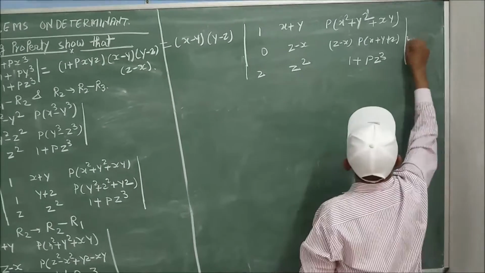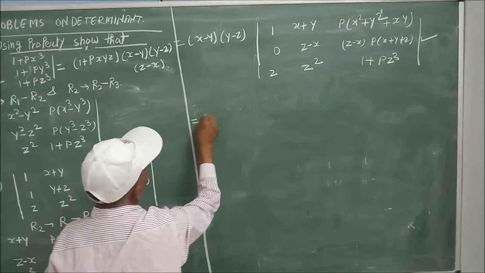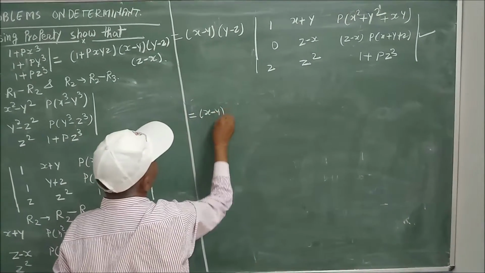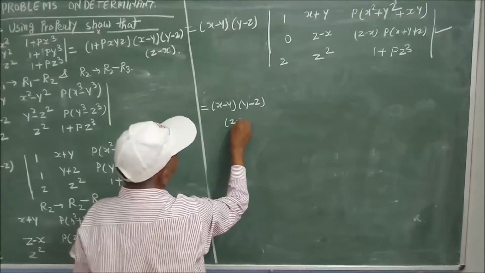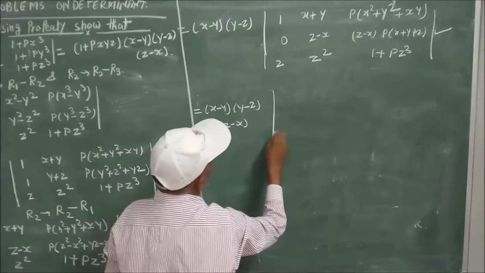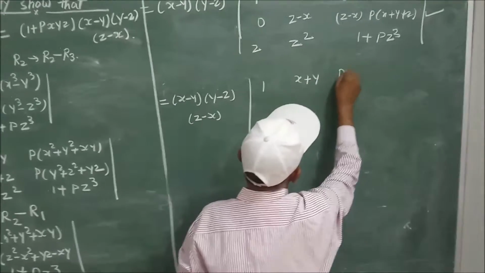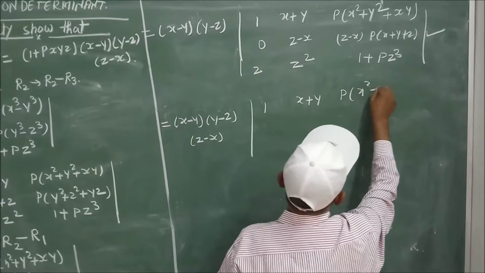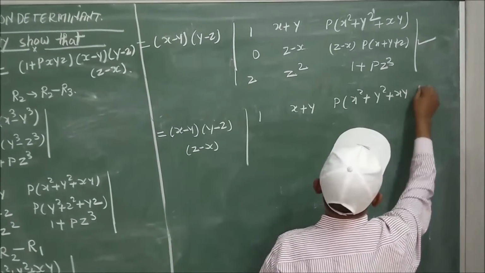And from this R2 you can take z minus x as common. So this can be written as x minus y, y minus z, z minus x, and remaining term will be 1, x plus y, p into x square plus y square plus xy.